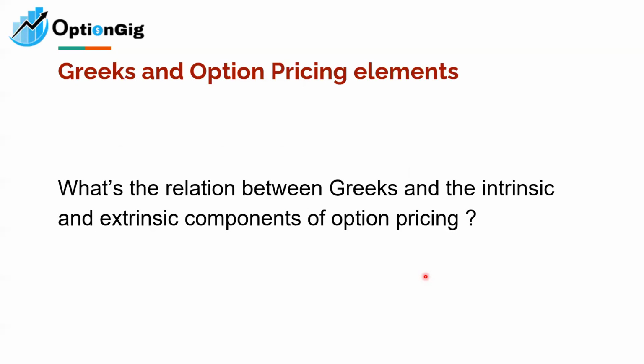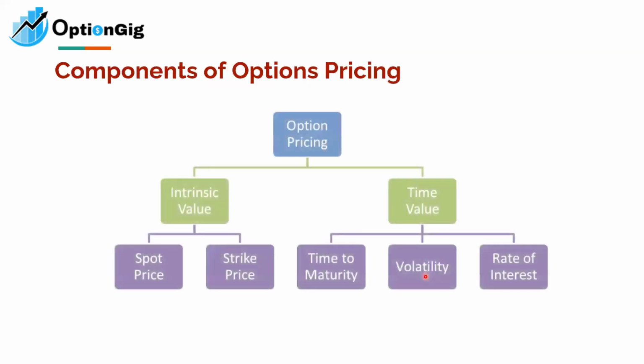So now we talked about Greeks. We also looked at the various components of option pricing. Let's put all of them together. These are the components of option pricing: intrinsic value and extrinsic or time value. Intrinsic value is determined by the relationship between the spot or stock price and the option strike price.